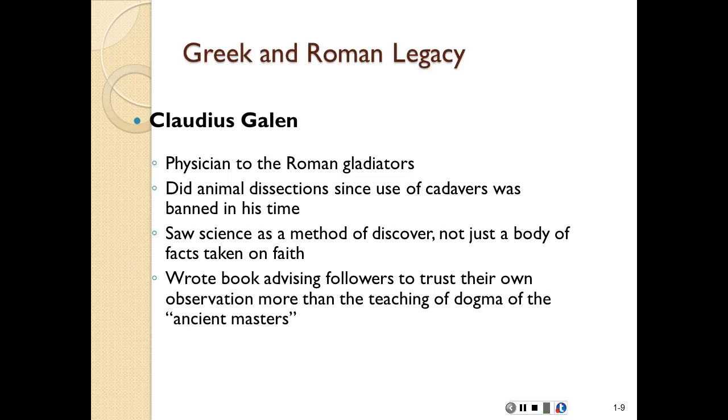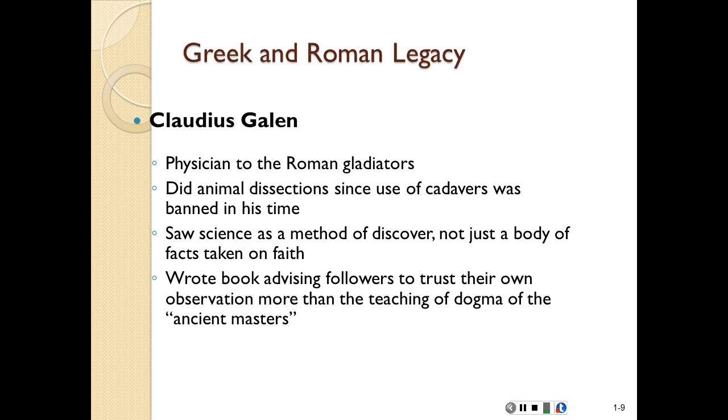He was the physician to the Roman gladiators, and he did dissect animals because they prevented him from using human specimens or human cadavers to do his dissection at the time. They actually banned him from doing it.